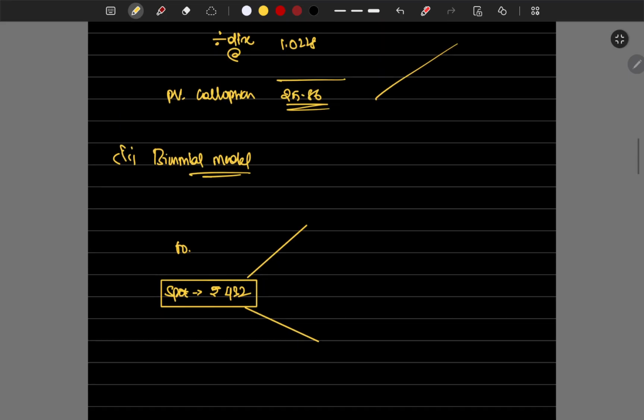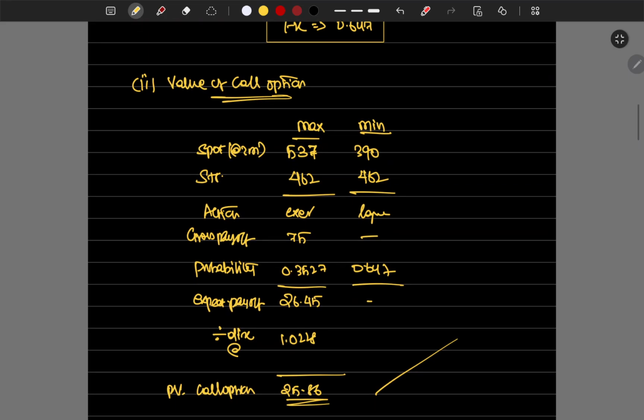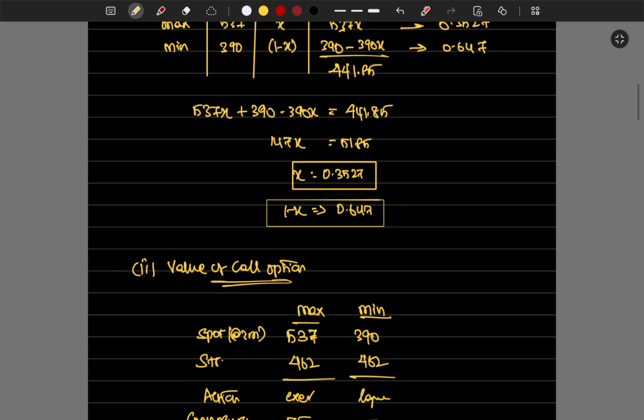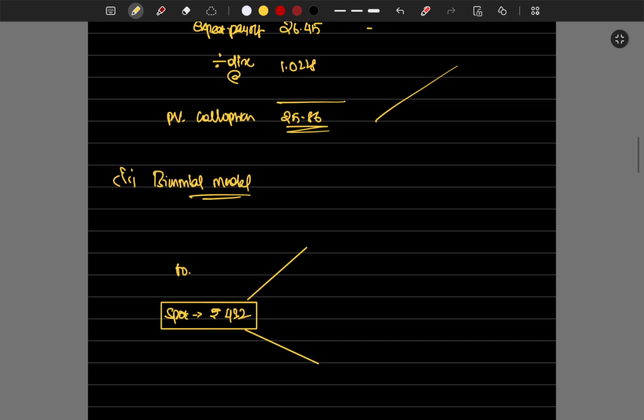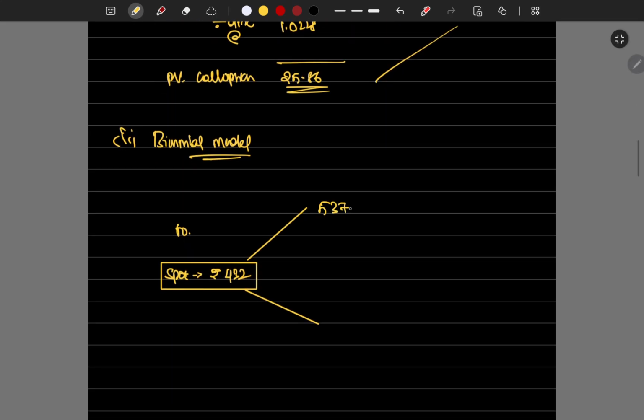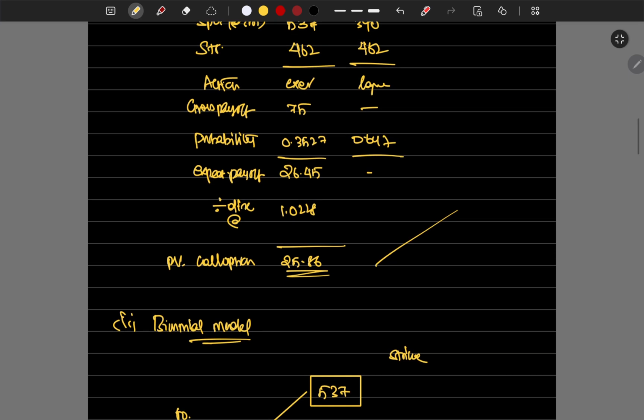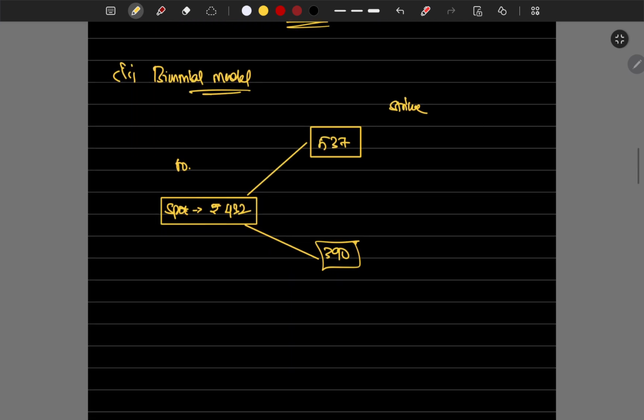If there is a higher value, then 537 will come, and 390 in case of a lower share price. What's the strike price we have? Our strike price is 462.